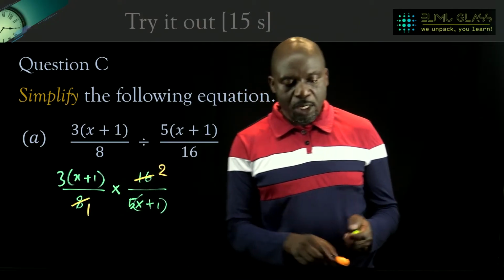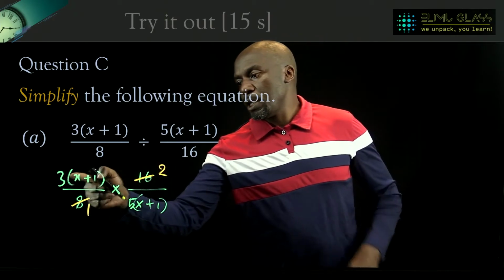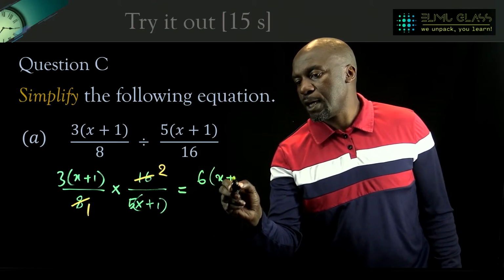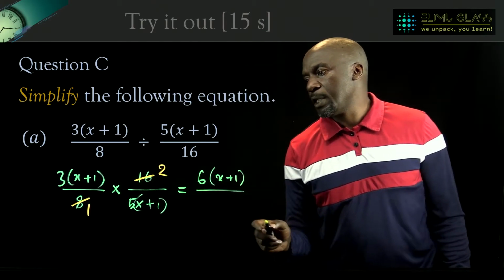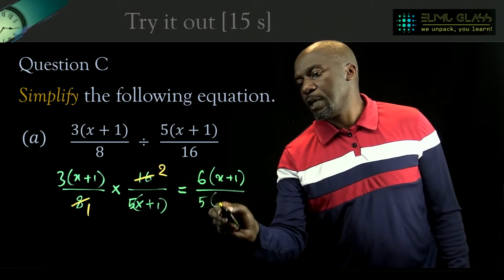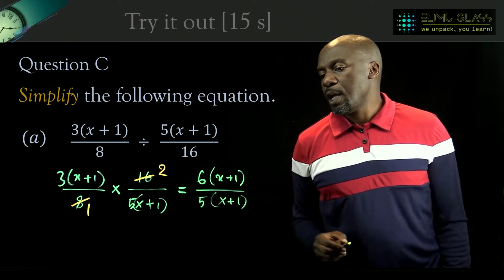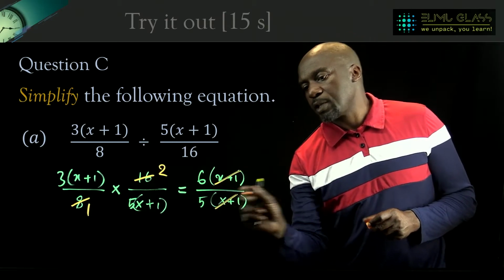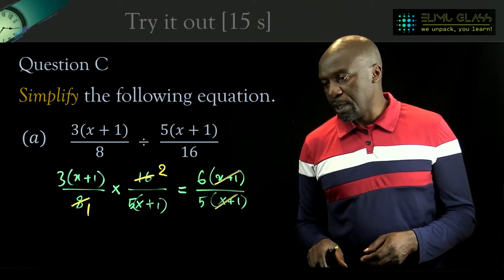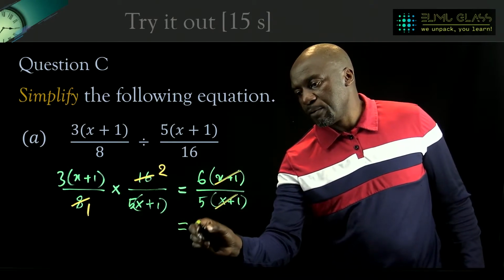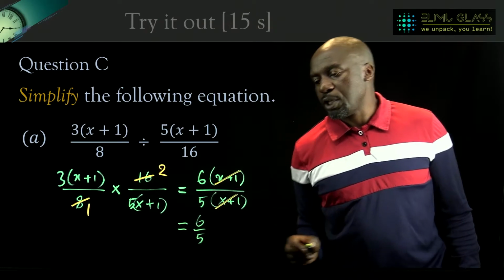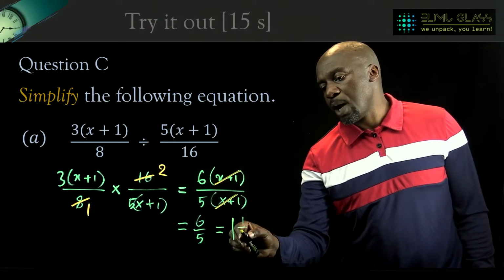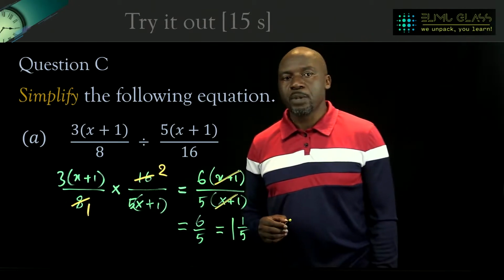And so that leaves me with 2 times 3, which is basically 6 into (x plus 1), and in the denominator I have 5 into (x plus 1), and you can see the x plus 1 cancels with x plus 1, and we are left with 6 over 5, which is an improper fraction, and we can reduce that to the mixed fraction 1 and 1 over 5, like that.